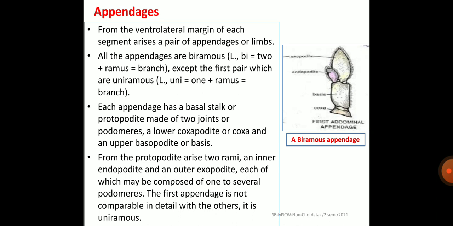So the basis bears at its free end two branches, the outer exopodite and the inner endopodite. Fine. This is what you are supposed to write for a biramous appendage, and this diagram is that of a pleopod, which is a swimmeret or abdominal appendage, taken as a representation of a typical appendage.